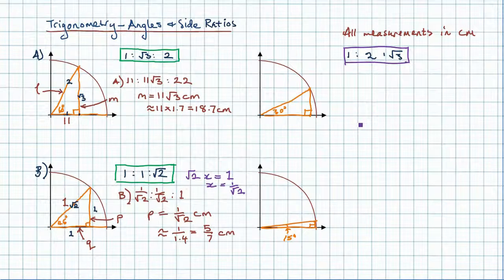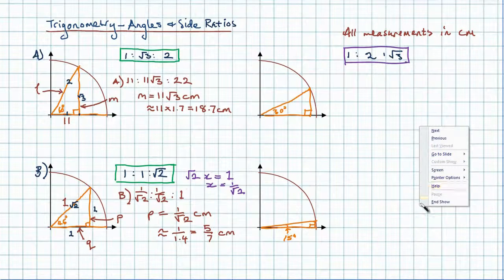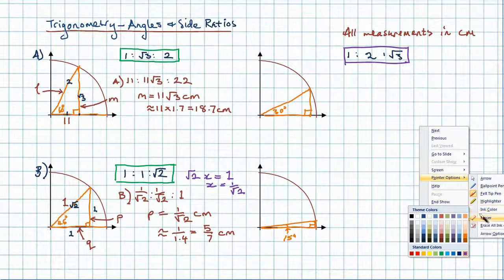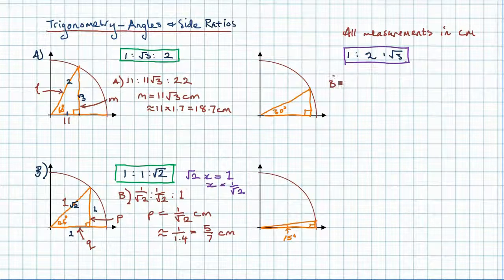So let's think of a problem that might be given with a 30 degree, let's see, B. Well, if we were given 30 degrees and let's say this side length was 3, that should be fairly straightforward.